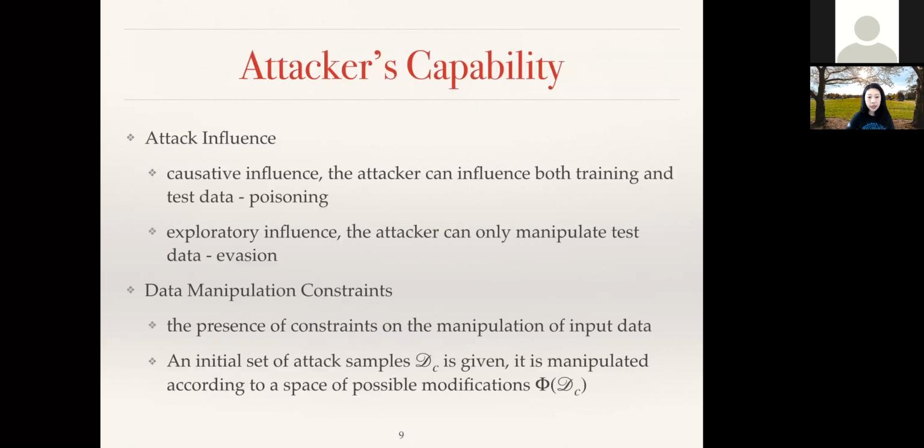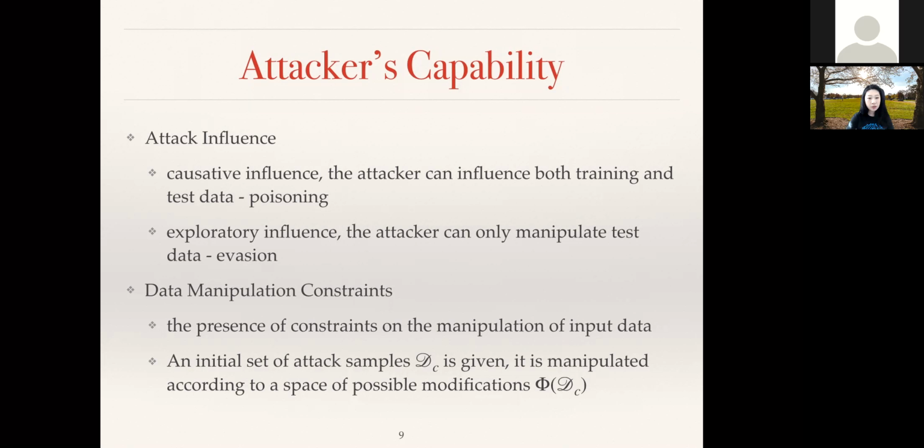So the attacker's capability basically includes both the attacker influence and the data manipulation constraints. The attacker influence kind of divides attacks into poisoning and evasion attacks.